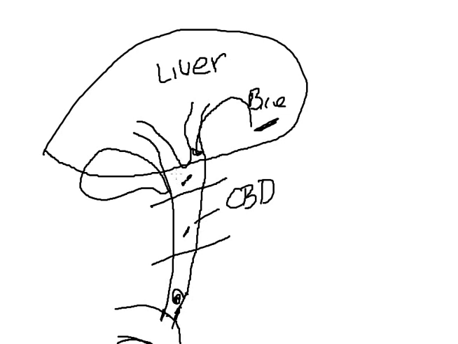Klatskin tumors classically refer to cholangiocarcinoma or common bile duct cancers at this hepatic bifurcation right here. So this is really the area that we're going to be focusing on later. But this is where Klatskin tumors are located.